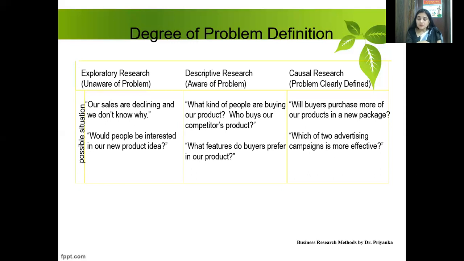By applying it through the advertisement, or you can ask people yes or no, or which advertisement is more liked by you. So again, causal research, because you 100% know about the problem; your problem is clearly defined right now. You just need to decide which one is better. So for that, you can go with causal research.